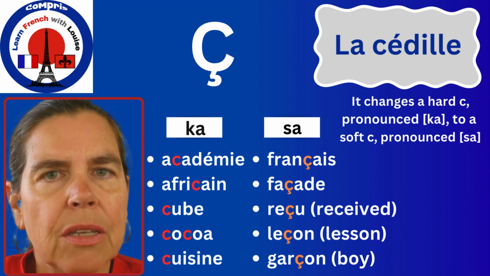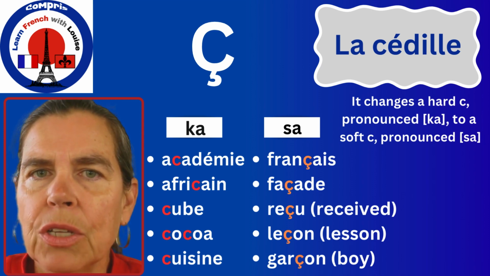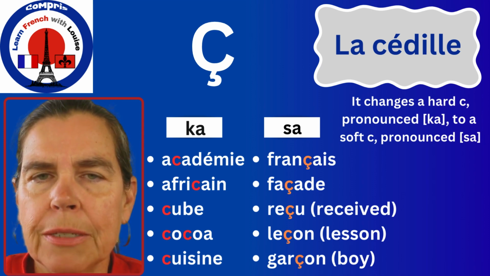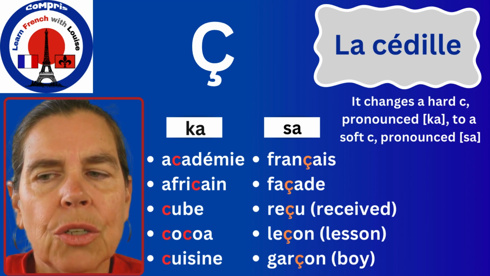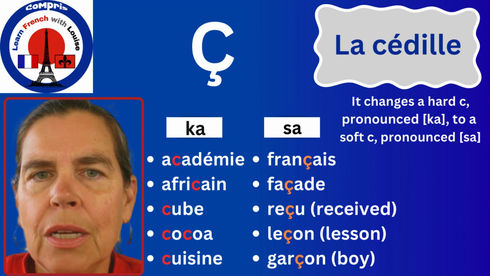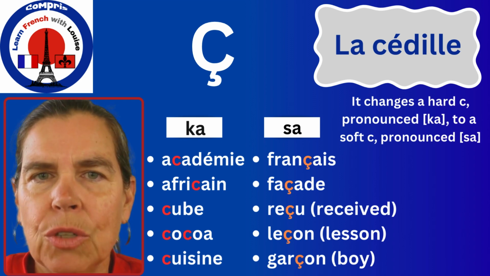All of those C's have got the K sound in them. Now let's listen to the sounds of the C cédille words. Français, façade, reçu, leçon, garçon. All of those C's with the cédille have an S sound to them.